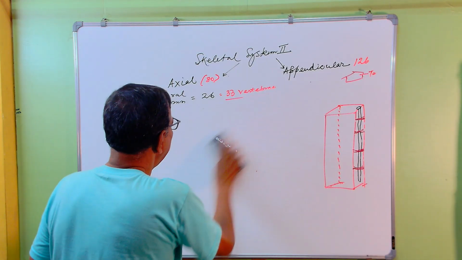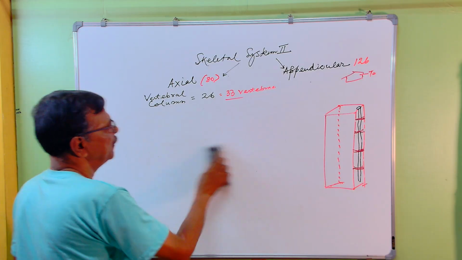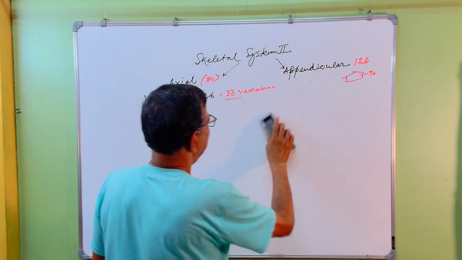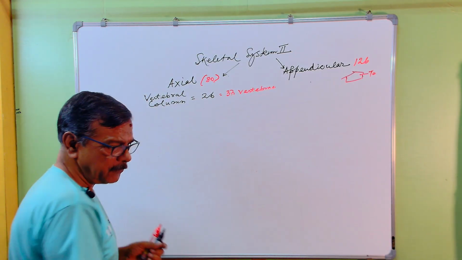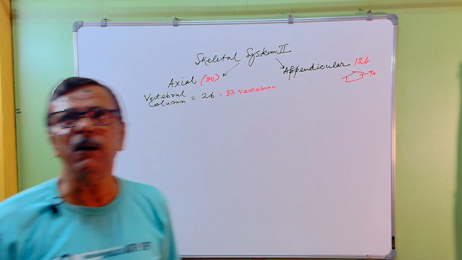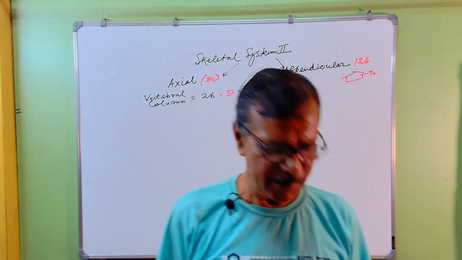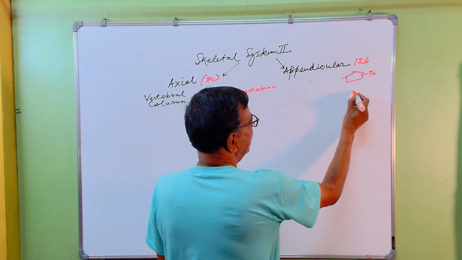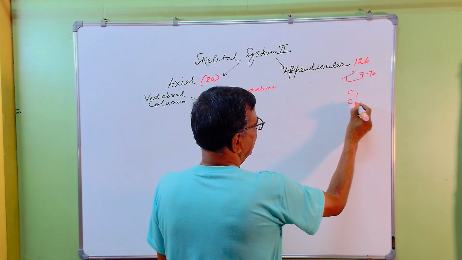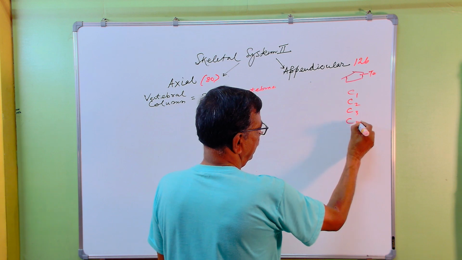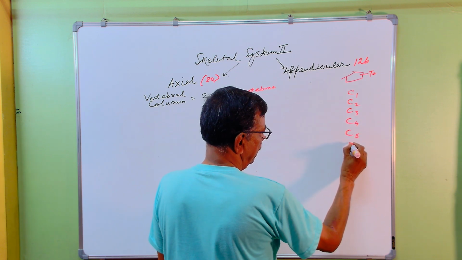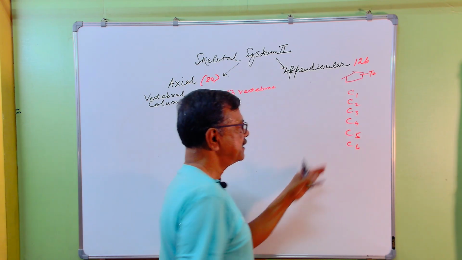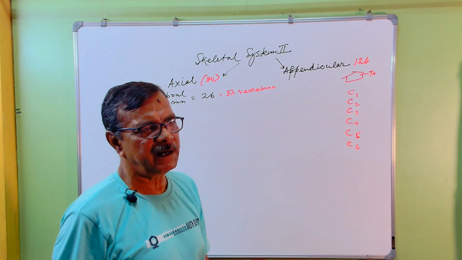So how many vertebrae do we have? 26 vertebrae. Originally it was 33, now it is 26. Now, a question sometimes comes: what is the difference between a cervical vertebra and a thoracic vertebra?